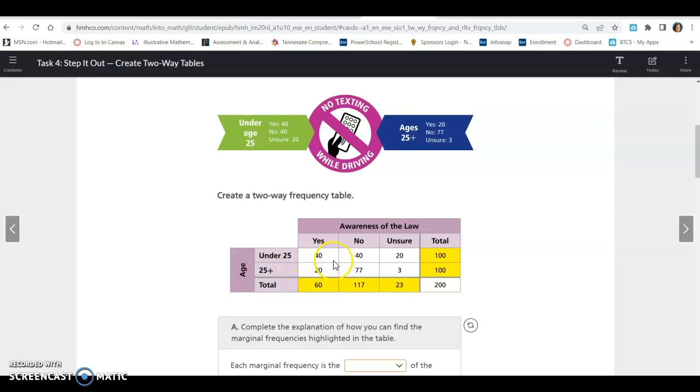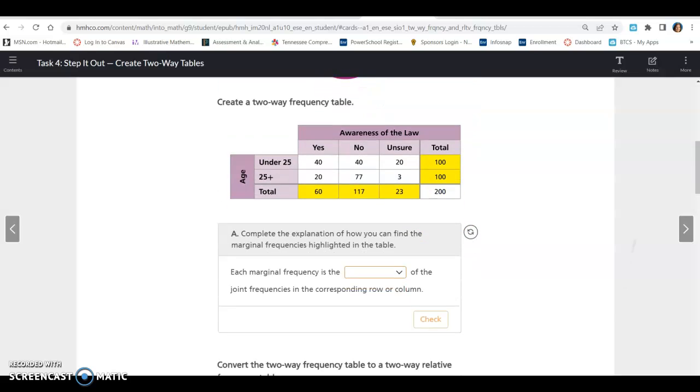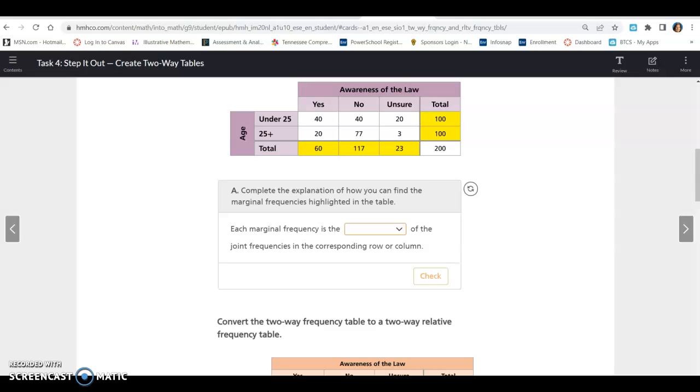So those come from right here, and then we just fill in the numbers. So under 25, the 40, 40, 20 comes from right here. And 25 plus, 20, 77, and 3 comes here. And then the totals are just the rows and columns added together. So there were 200 total people surveyed about the law. It says complete the explanation of how you can find the marginal frequency highlighted in the table.